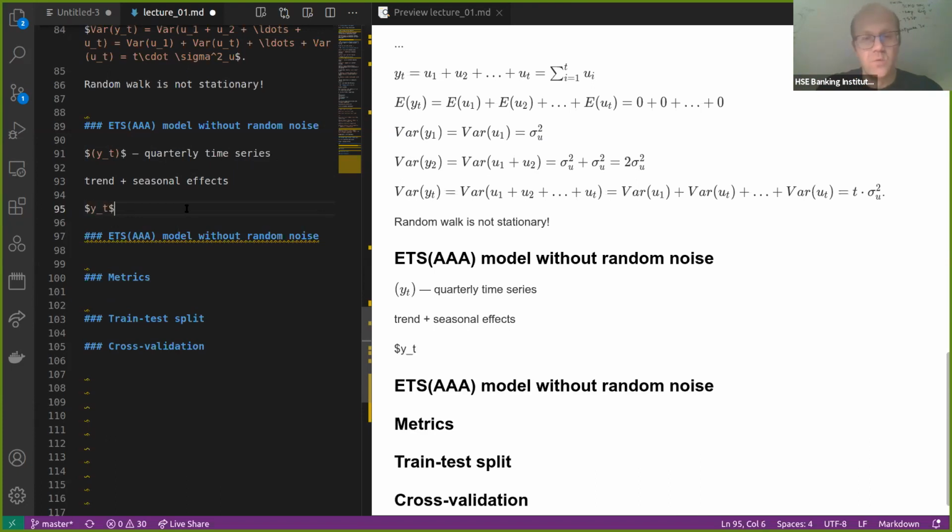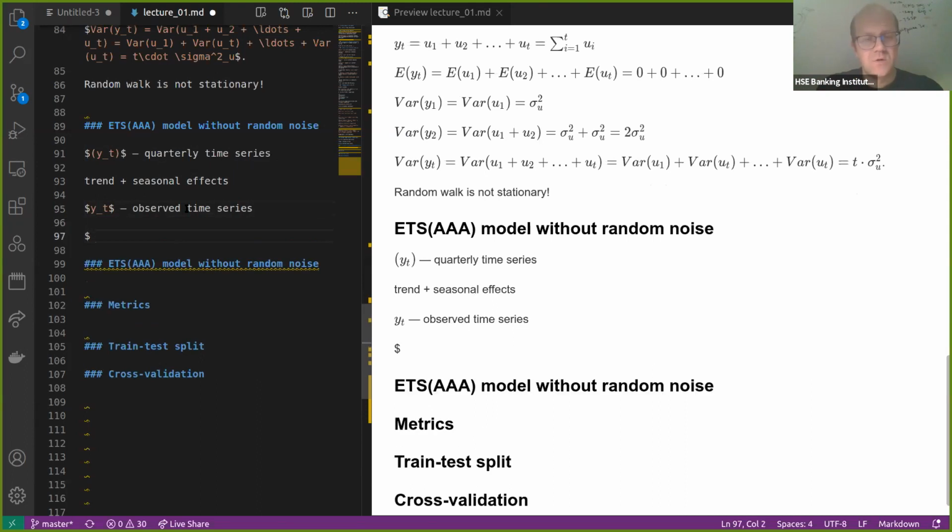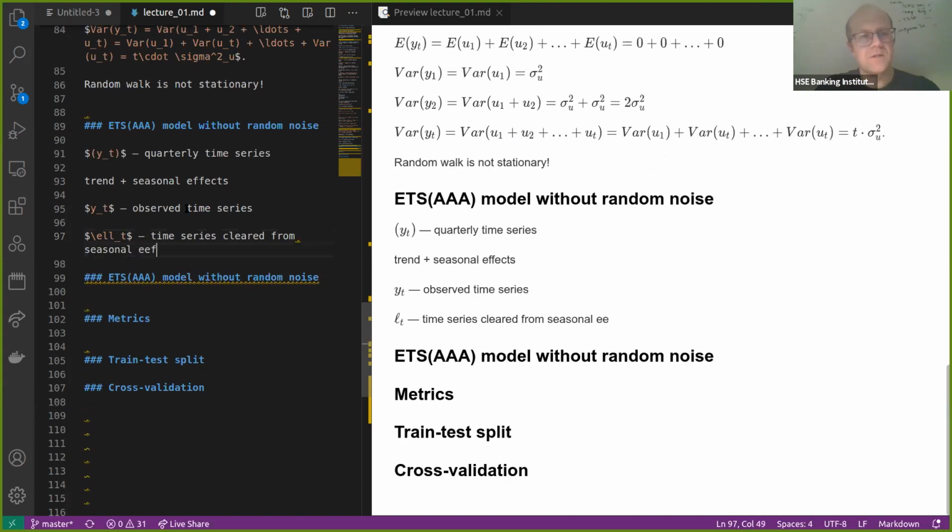Okay, Y_t will be our observed quarterly time series. We will introduce L_t, that is the time series cleared from seasonal effects.